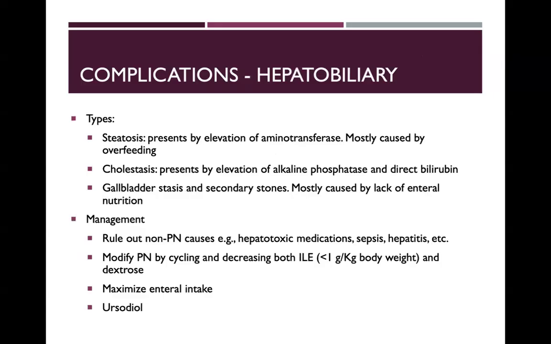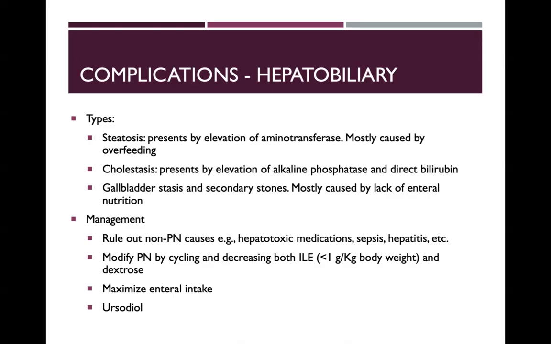The next complication is hepatobiliary complications. Hepato is the liver, and biliary is the biliary tract, which involves the biliary secretion in the liver, and also the bile tract and the gallbladder. There are several ways that parenteral nutrition can cause damage to these organs.